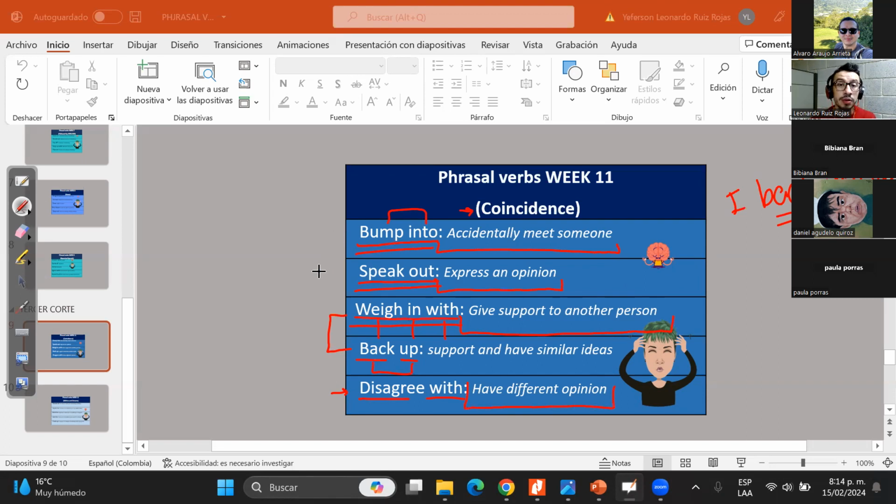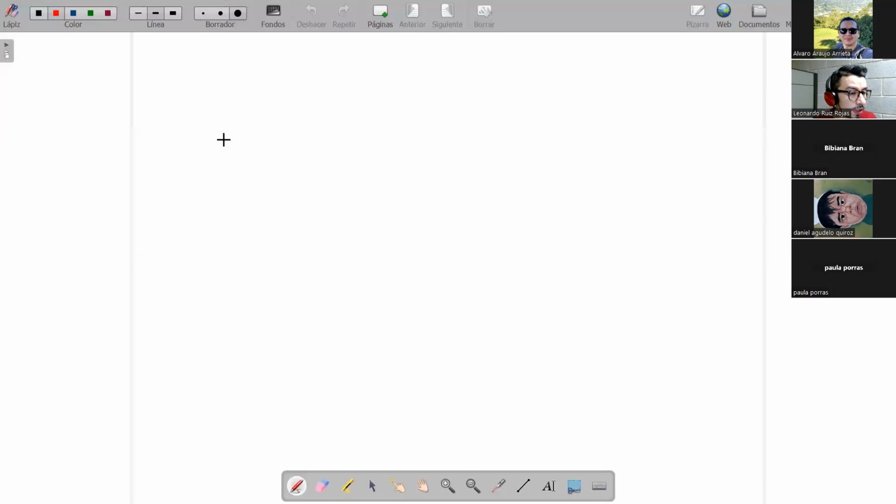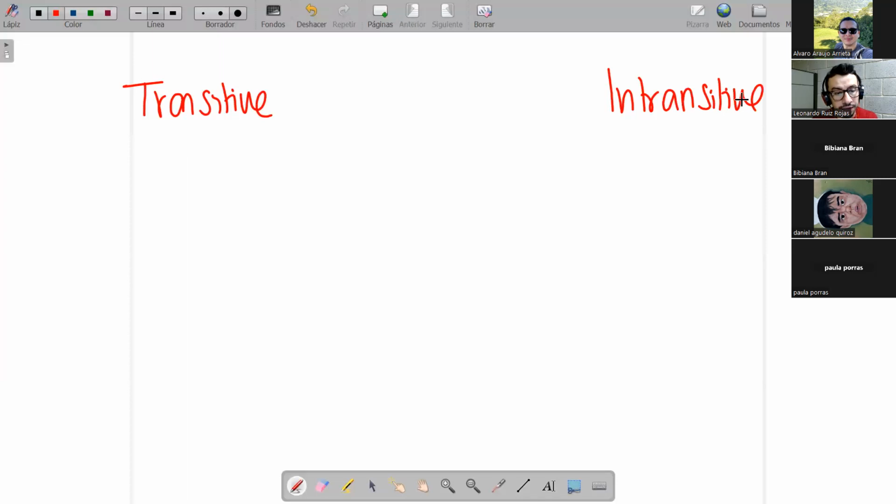But we are going to have to classify the phrasal verbs in two different kinds, good? Well, actually all the verbs, but especially here, the phrasal verbs are going to be divided into transitive and intransitive. What is the meaning of this? ¿Qué significa que sea transitive and intransitive? Transitive significa que el verbo tiene un objeto después.